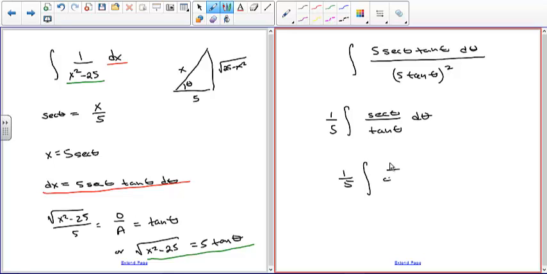So you get 1 over cosine of theta divided by sine of theta divided by cosine of theta. And we take the reciprocal, so we get 1 over cosine theta times cosine theta over sine theta d theta. Cosines cancel out.